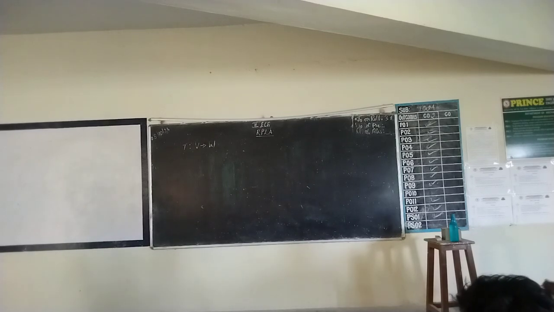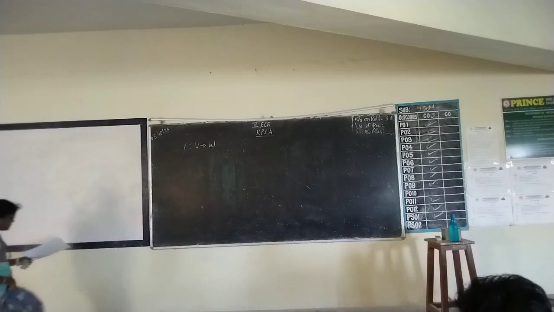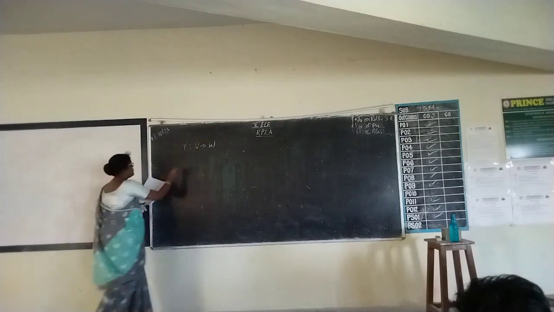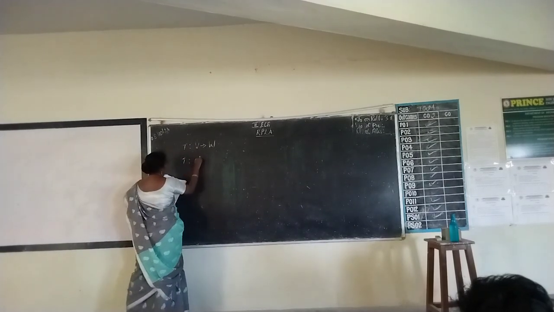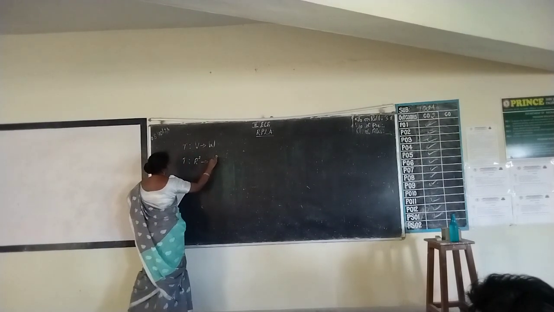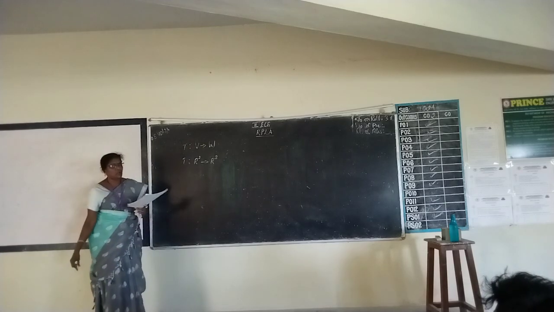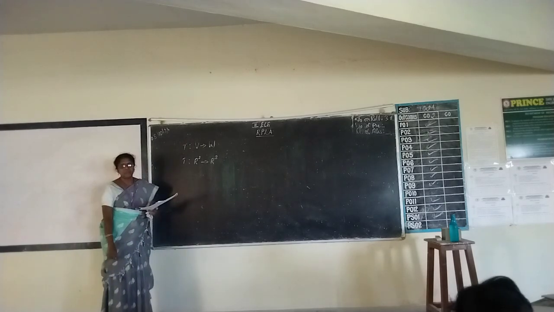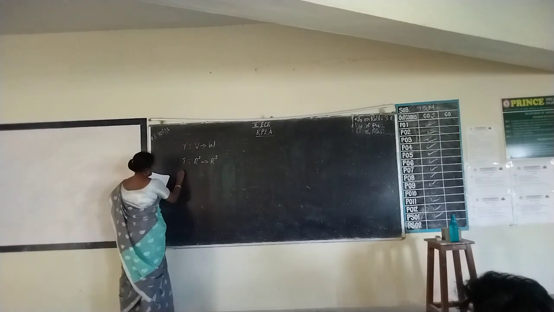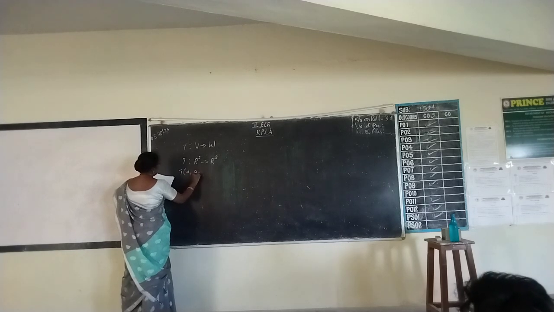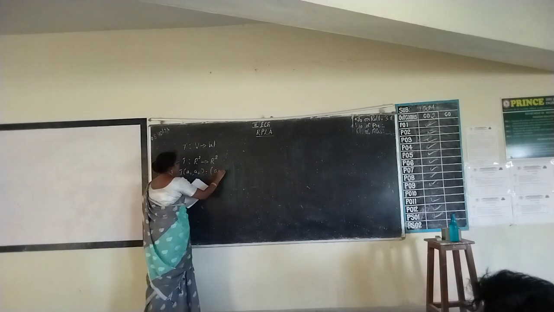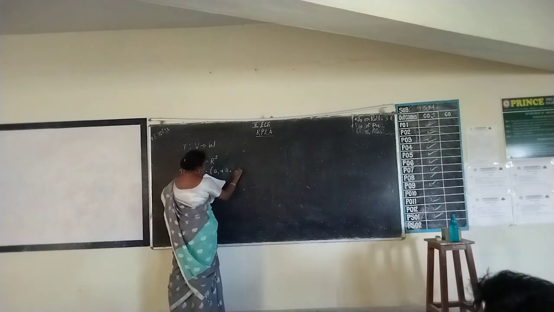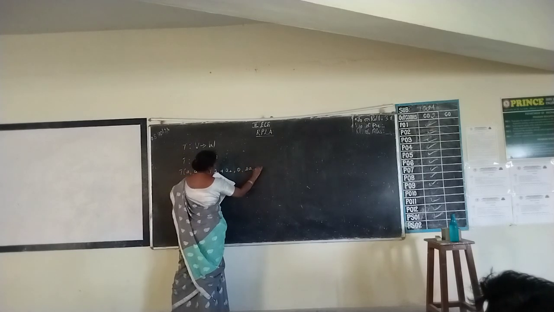First problem. Let T from R square to R cube be defined by T of (A1, A2) equal to (A1 plus A2, 0, 2A1 minus A2).